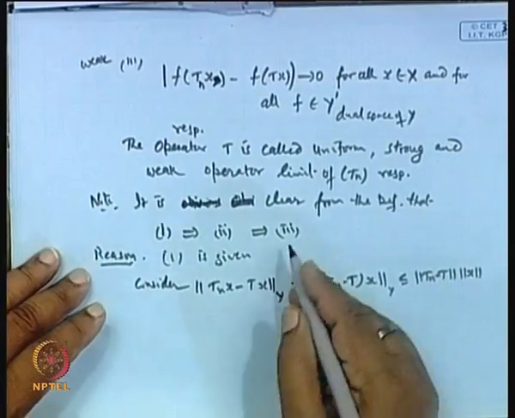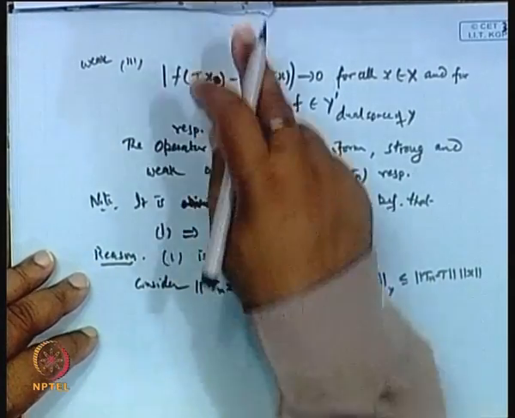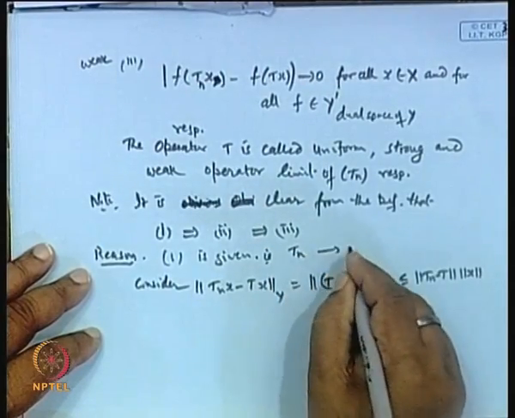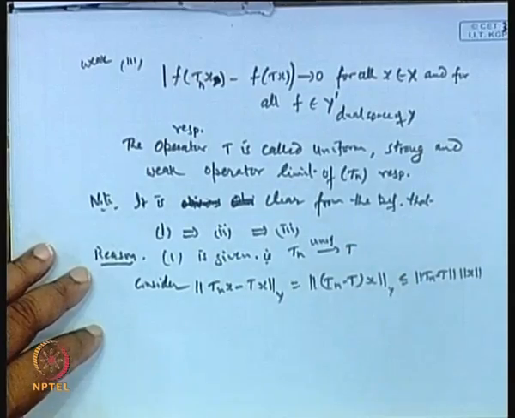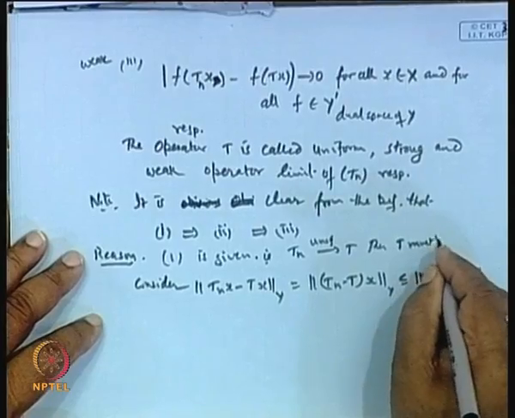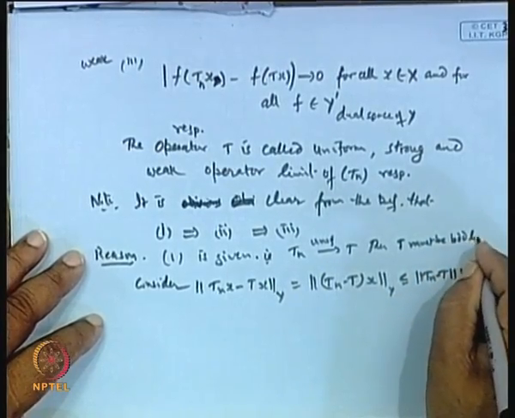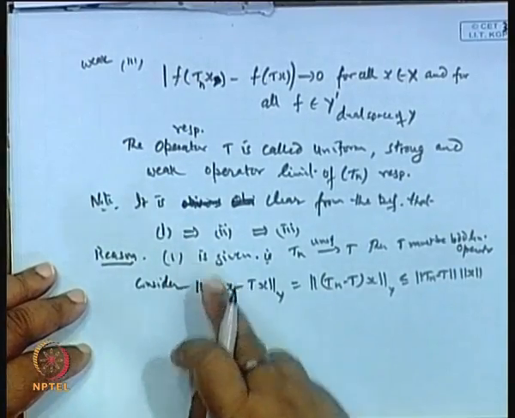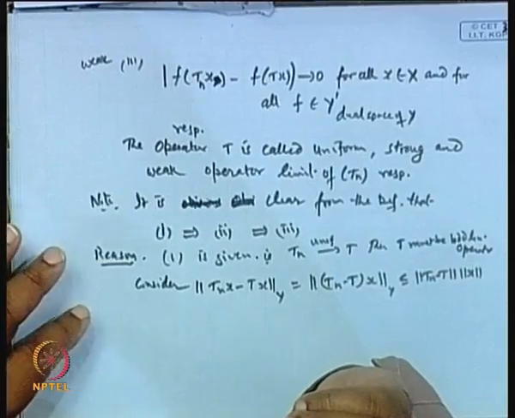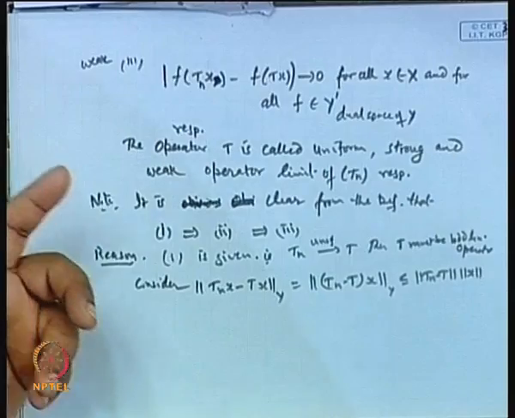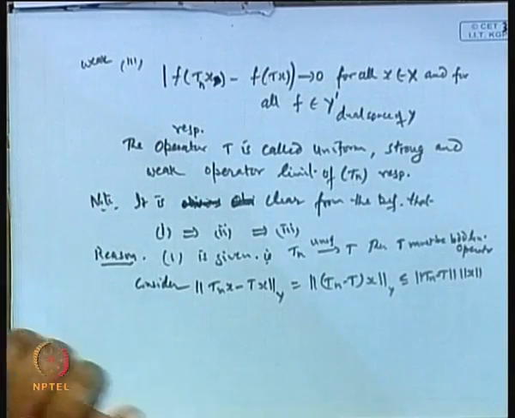Now, here one thing is, when 1 is given, that is, if the sequence T_n converges to T uniformly, then T must be a bounded linear operator. Otherwise, the meaning of norm T_n minus T is useless, does not carry any meaning, because if T is unbounded, the norm of T_n minus T cannot go to 0.